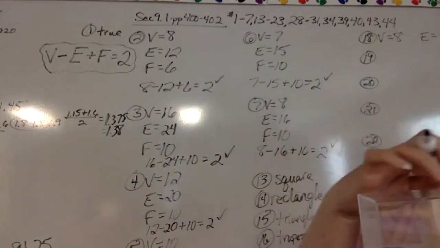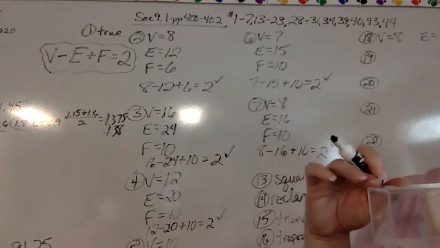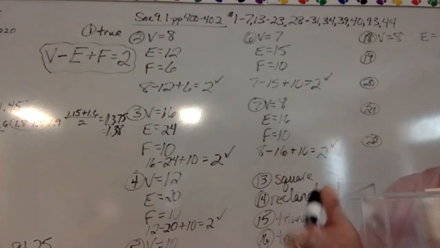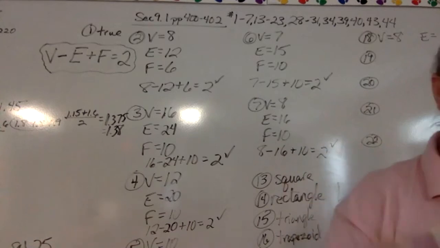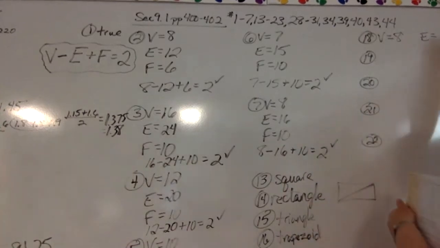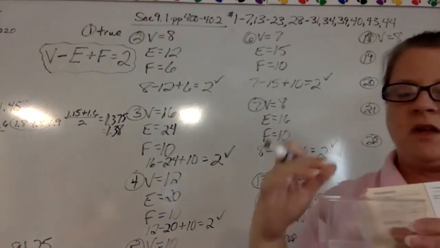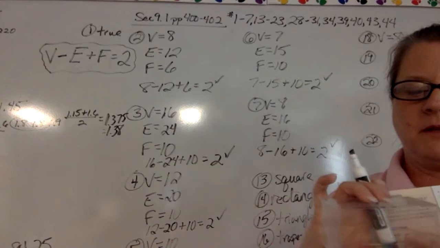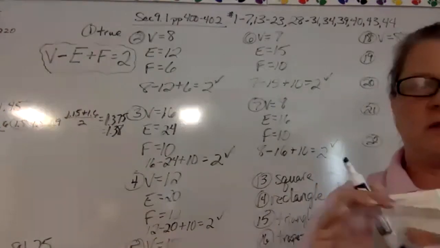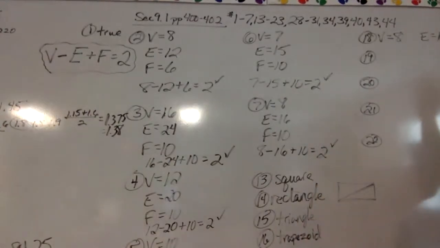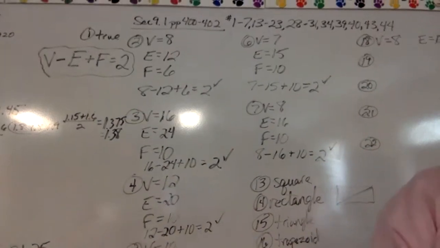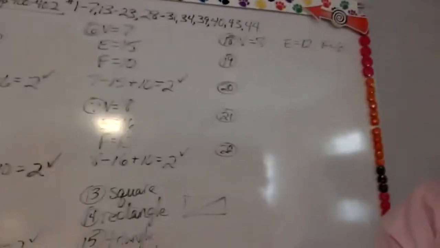You got 4 edges on the top, 4 on the bottom, 4 connecting the top and bottom together. So that's 12. And for your faces, you got the top and bottom, the front and back, the left and right. So there's 6 faces. You have 8 vertices, 12 edges, and 6 faces.